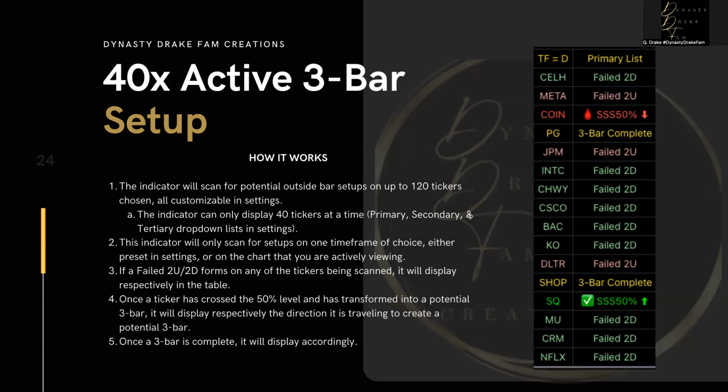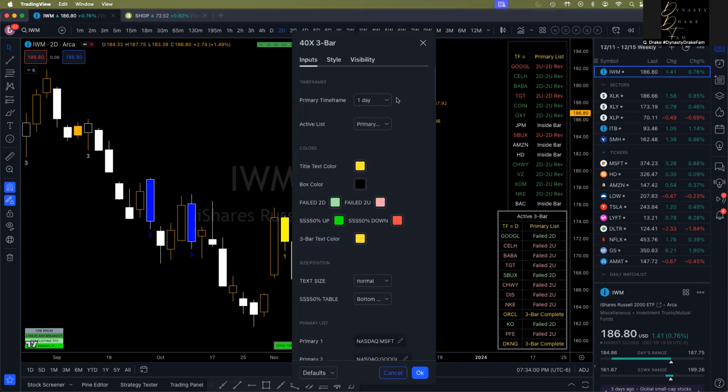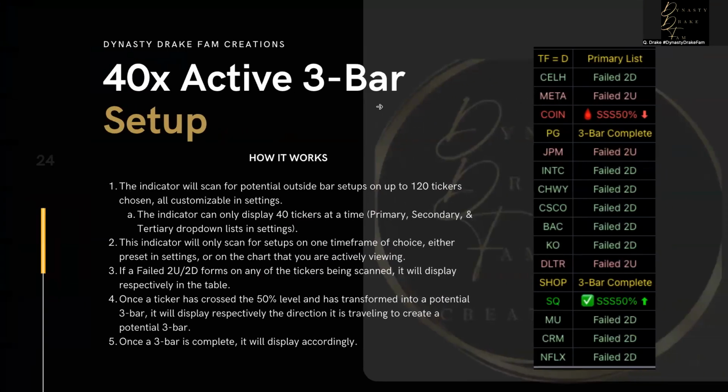The indicator will only scan for setups on one time frame of choice, either preset in settings or on the chart that you're actively viewing. So if we go to the charts, right, this is the active 3 bar here. If you look in your settings, right now I have it currently set to the day, but by default, it might be set to the day.